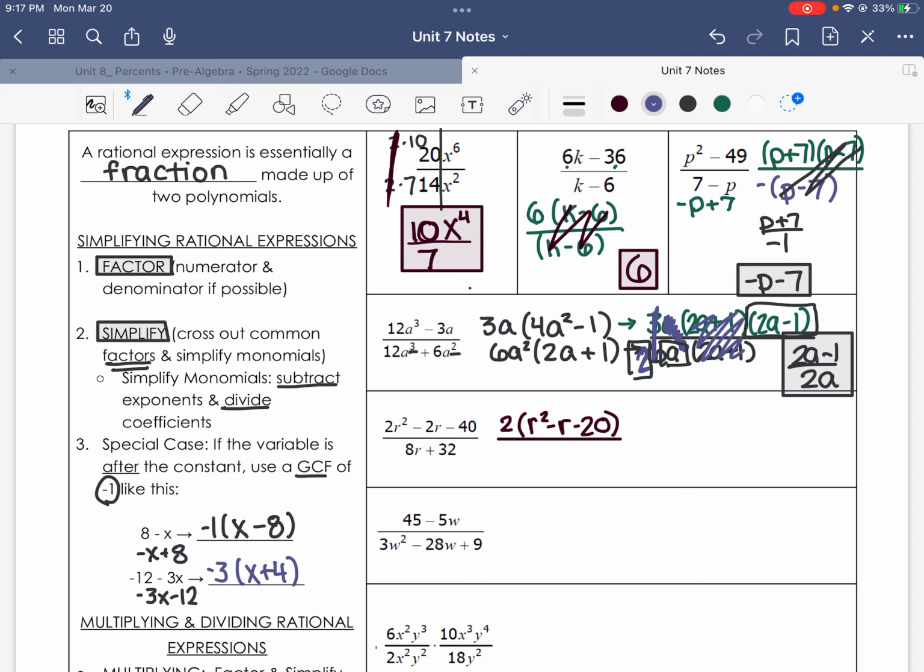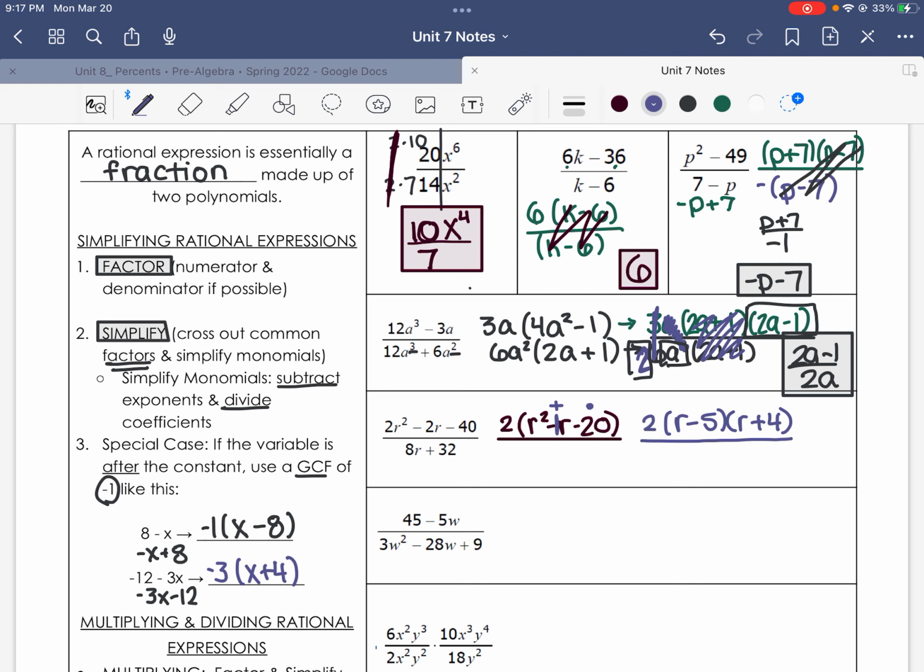I need to figure out what multiplies to negative 20 and adds to negative 1. Negative 5 and positive 4. So r minus 5 and r plus 4.